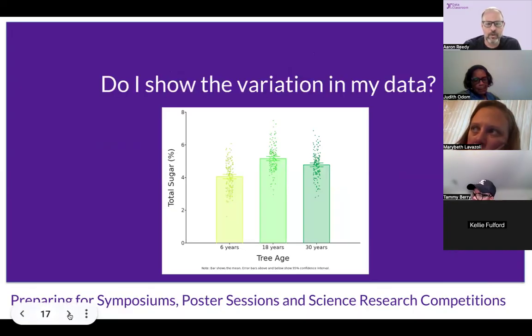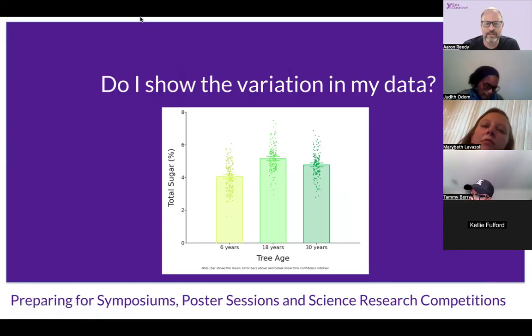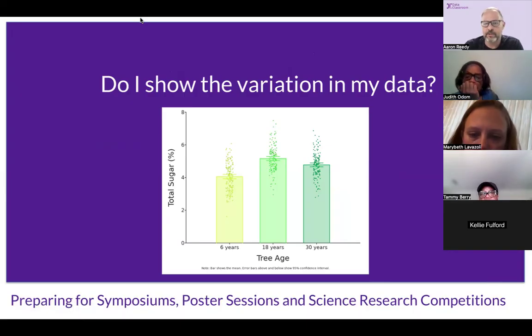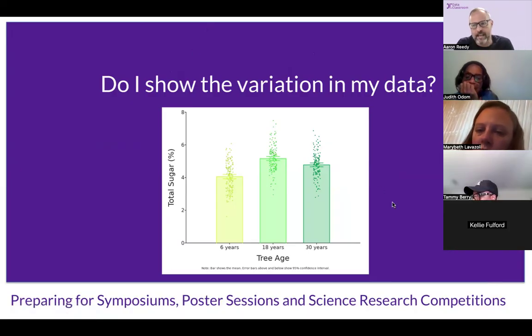And so one of the ways you can assess whether a result is real or not is asking yourself the question of, do I show the variation in my data? And this is an example of a graph that's showing the variation in the data. And I want to say that this is showing variation two ways.